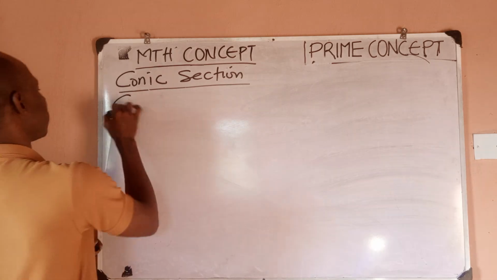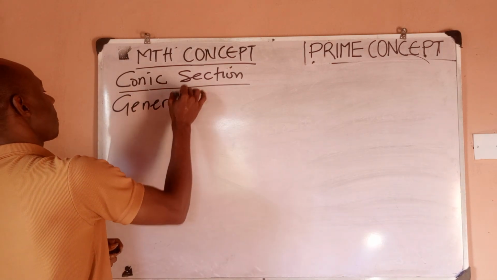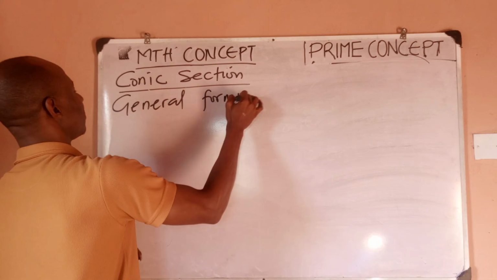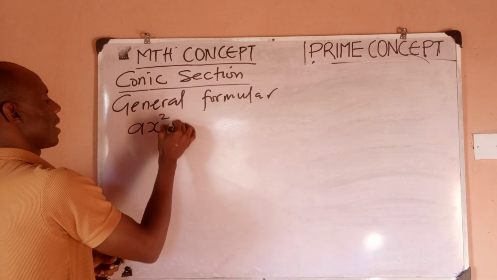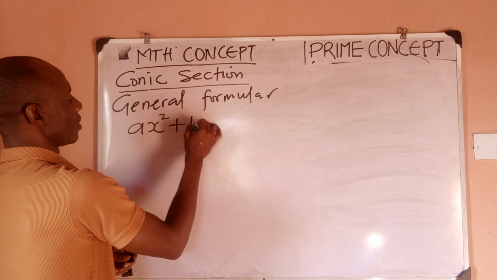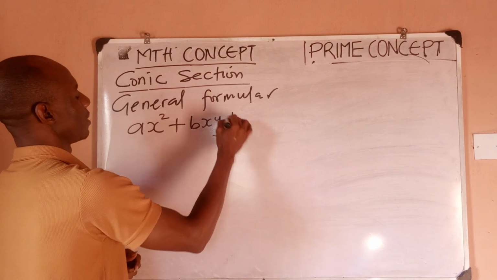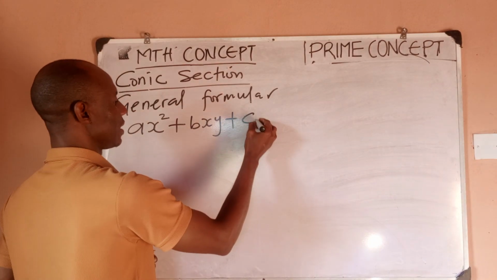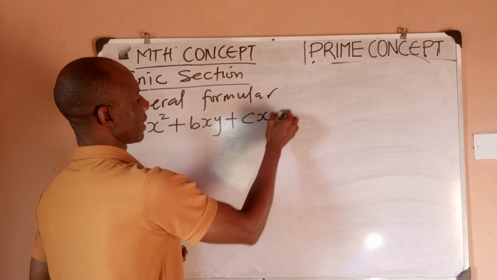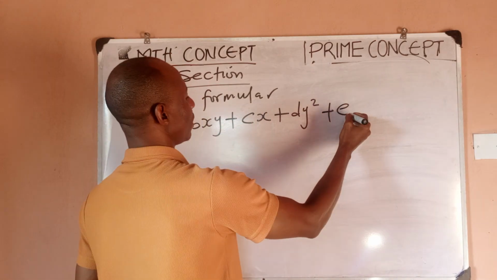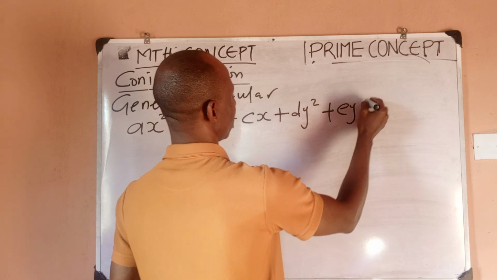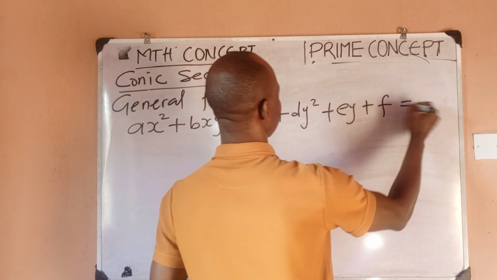So the general formula is given as ax squared plus bxy plus cy squared plus dx plus ey plus f equals 0.